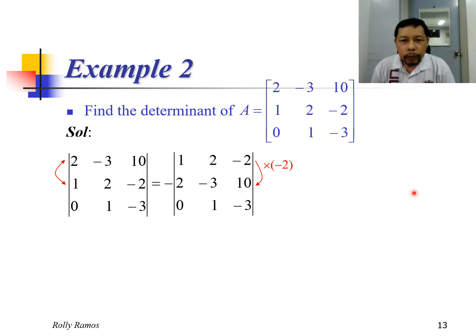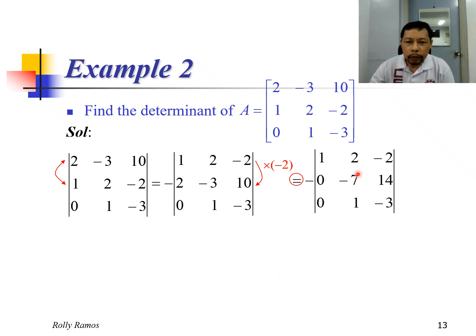If we multiply row 1 by -2 and add it to row 2, the value of the determinant will not change. So 1 times -2 added to 2 gives us 0. Then the next element would be 2 times -2 plus -3, which is -7. And then the third element is -2 times -2, which is +4, plus 10, giving us 14.